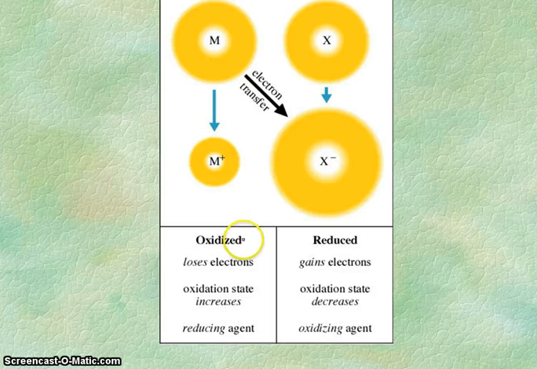So the substance that's oxidized is losing electrons, its oxidation state is going to increase, and it's the reducing agent because it's going to cause the other substance to be reduced. The substance that's reduced is going to gain electrons, its oxidation state is going to go down, and it's the oxidizing agent because it's going to cause the other species to be oxidized.